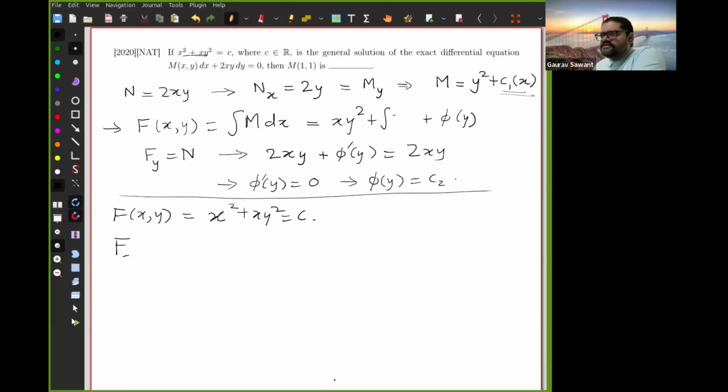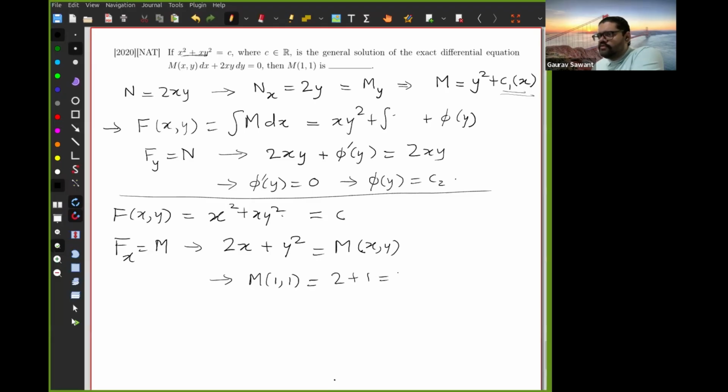F sub x is equal to M. So I will just have 2x plus y square equal to M. That is actually all. Then I just have to put in M of xy, and I will have M of 1,1 equal to 2 plus 1 equal to 3.